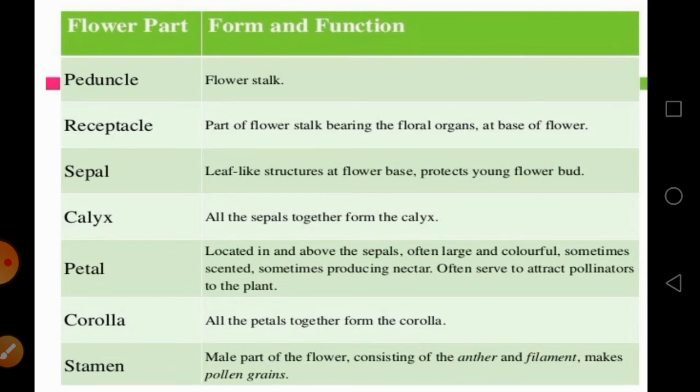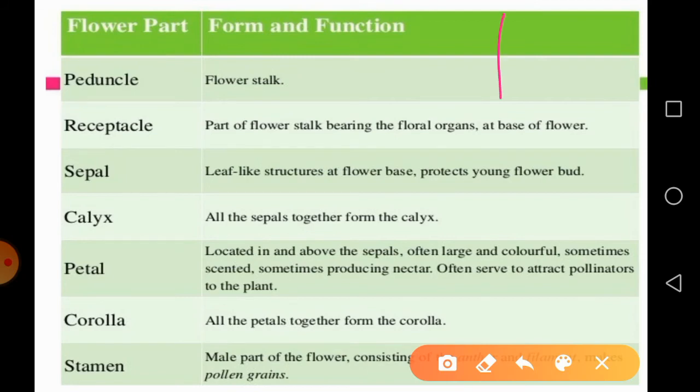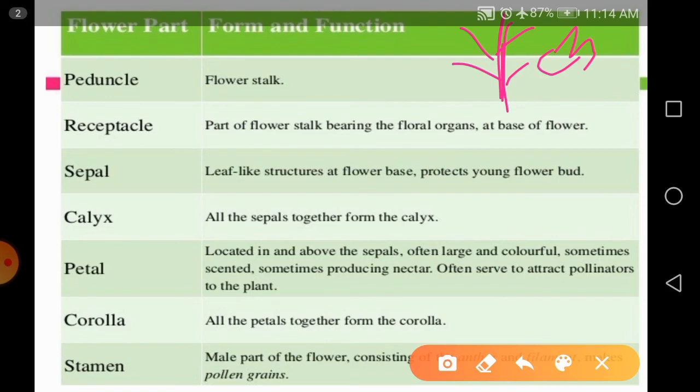So the first part is the peduncle. The peduncle is the flower stalk. If you have flowers in groups, the main flowering axis is called the peduncle, on which you again have such flowers. While the individual flower stalk is called a pedicel.